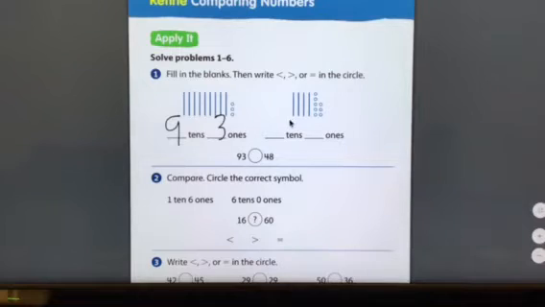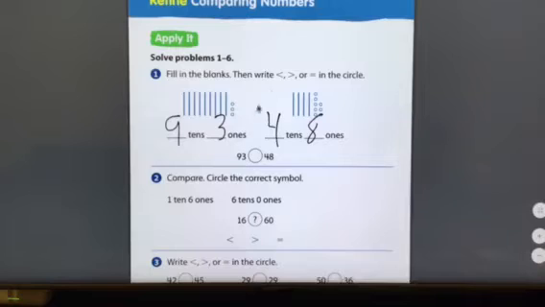Over here, you have 1, 2, 3, 4 tens. And there's 1, 2, 3, 4, 5, 6, 7, 8 ones. So 93 and 48.